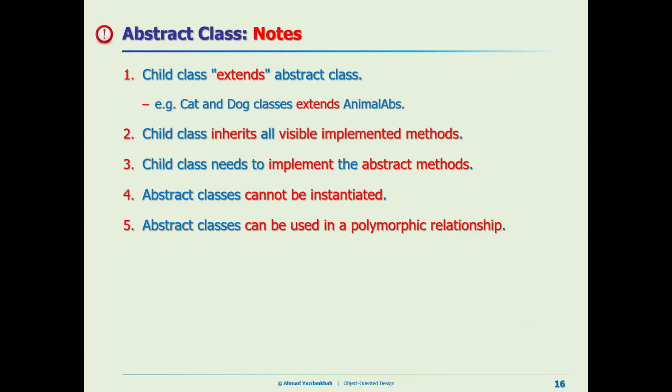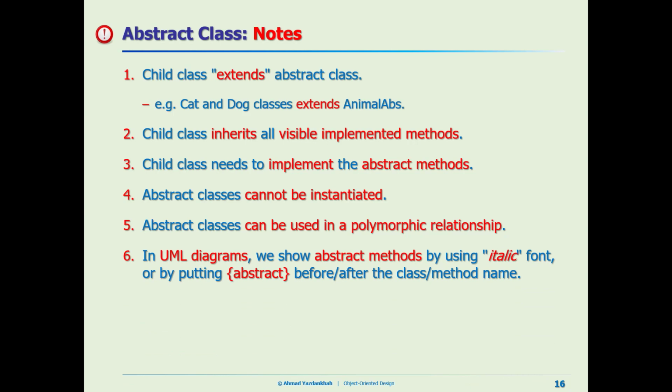In a UML diagram, as I explained before, we need to use italic font to represent abstract members, classes, methods, whatever. Or we can put an abstract keyword inside curly braces, before or after the class or method name.